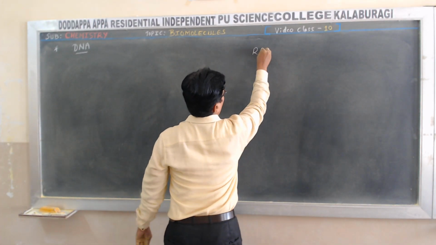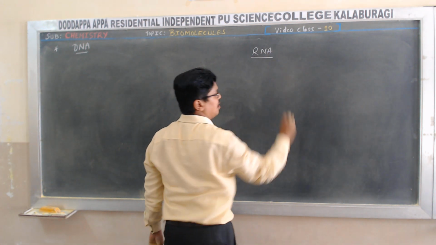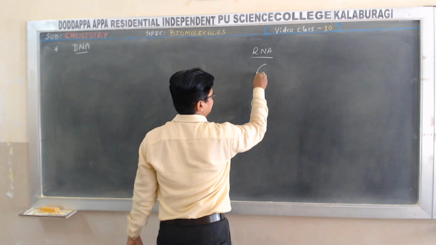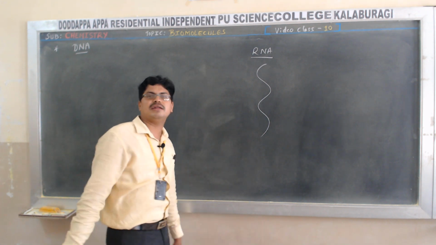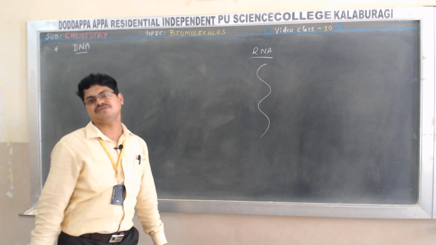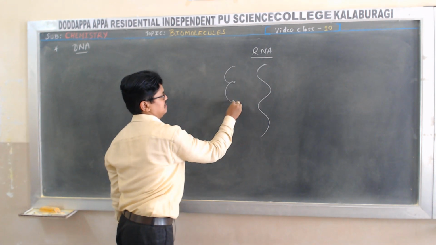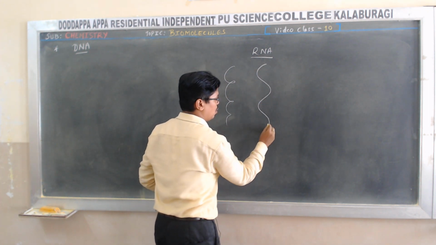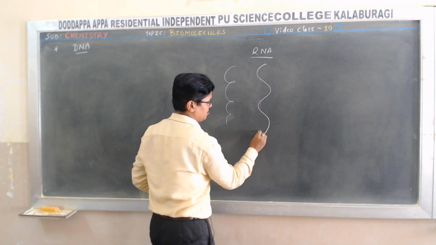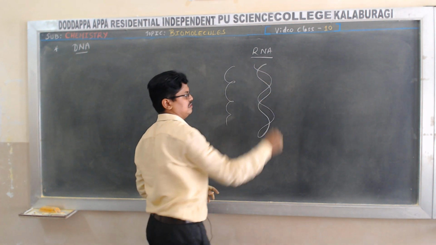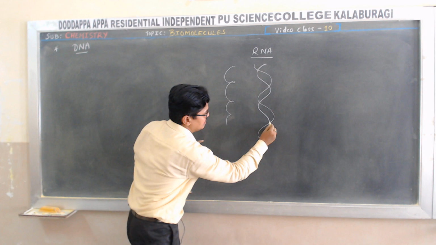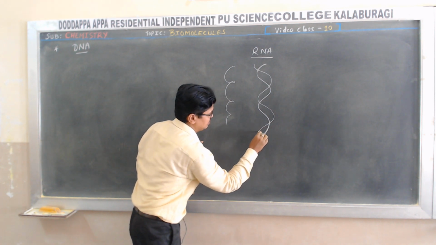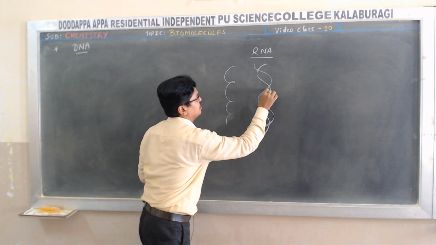RNA exhibits a single helical structure, correct? Sometimes that single strand coils itself. Look here, the RNA itself is coiling. Keep that in mind.